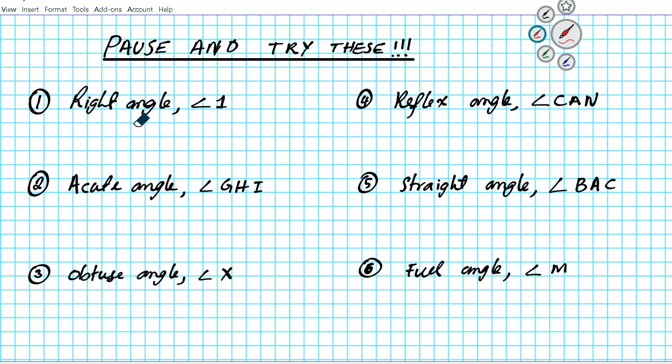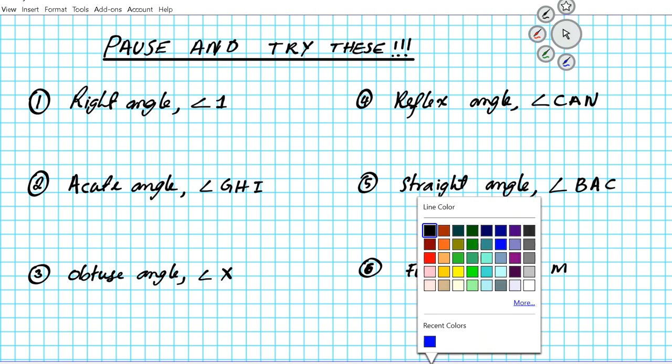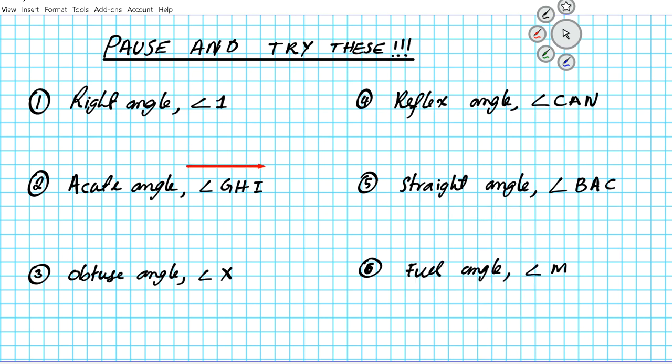So the first one, right angle 1, it's going to look something like this. Oh, sorry, I'll label them after I draw them. So it's going to be a 90-degree angle.